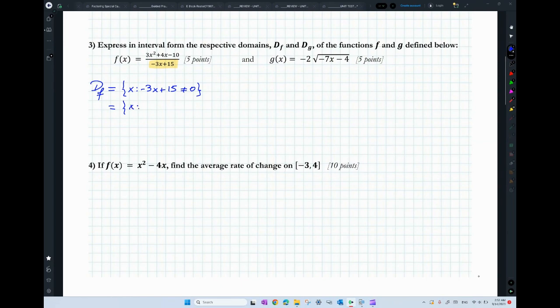And you just need to solve that. You solve it the same way as you solve an equation. 0 minus 15 is negative 15, divided by negative 3 is positive 5.